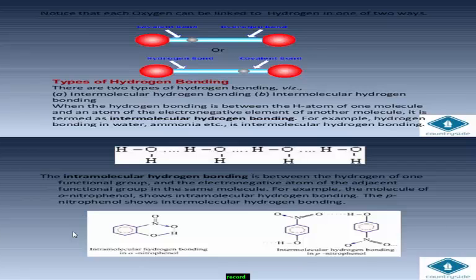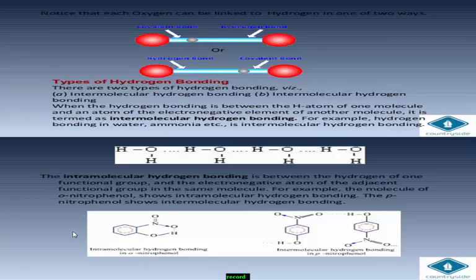Especially here it is intermolecular hydrogen bonding. When the hydrogen bonding is present between the hydrogen atom of one molecule and the electronegative element of another molecule, it is termed intermolecular hydrogen bonding.